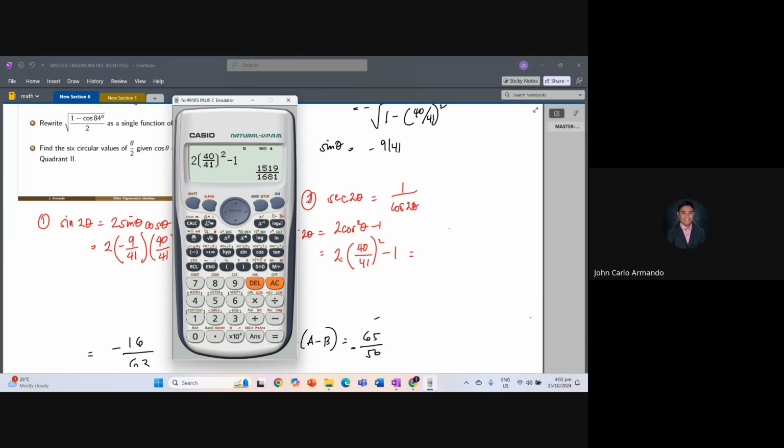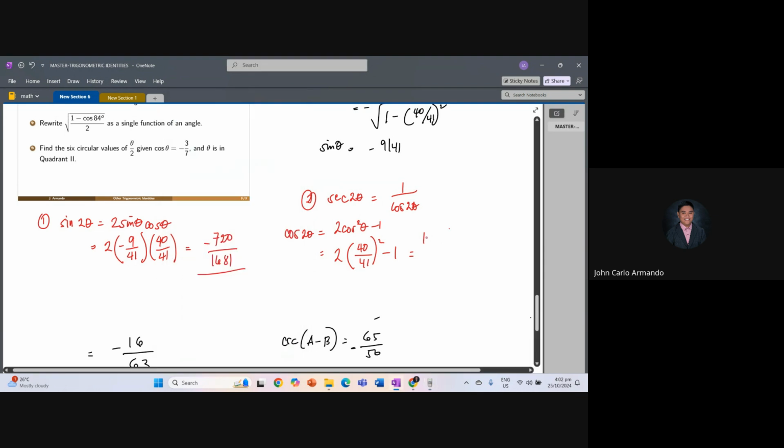The result is 959 over 1681. Therefore, the value of secant 2 theta is just the reciprocal, 1681 divided by 959.